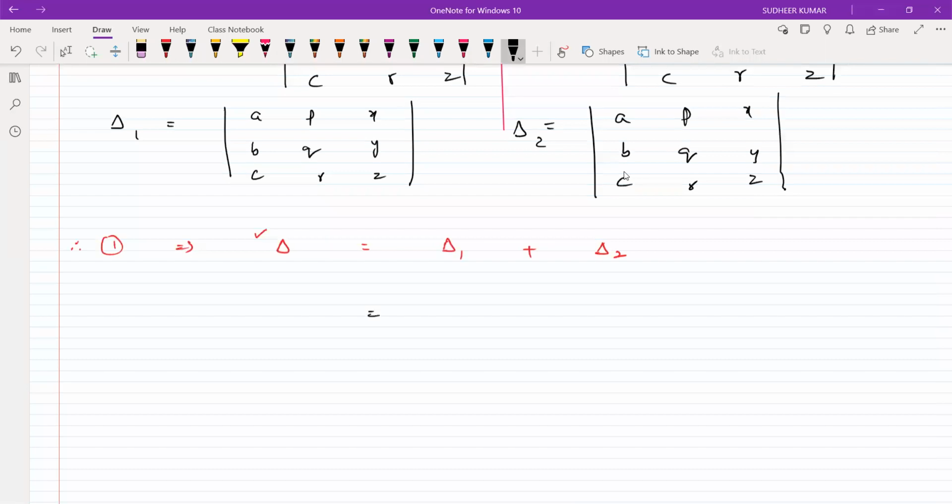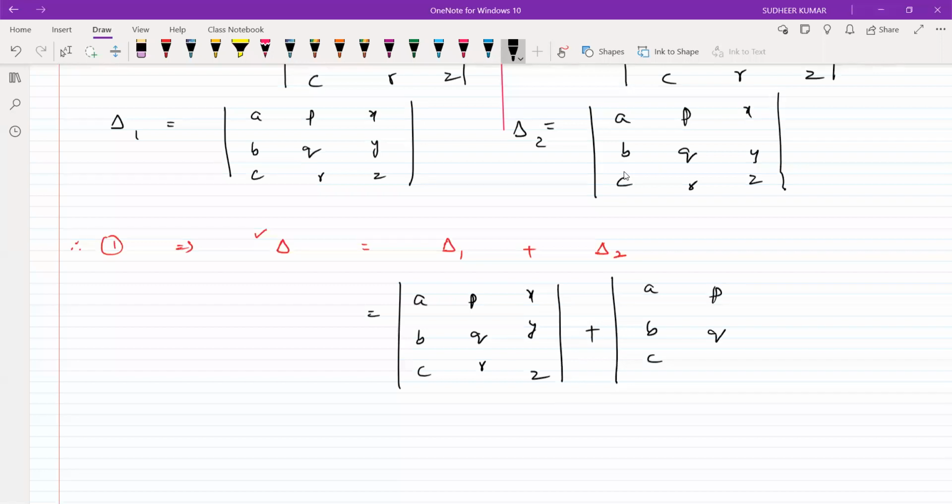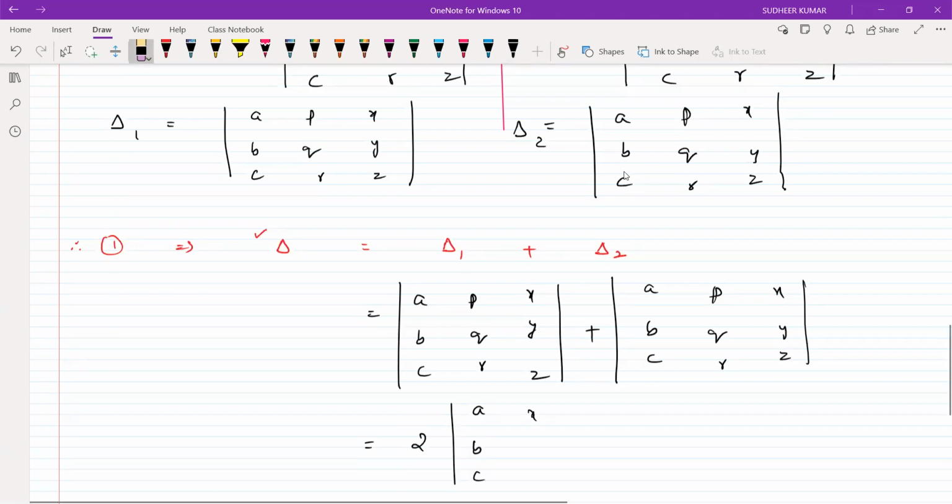Yes, sir. So this result is determinant of A B C, P Q R, X Y Z plus the next one is also the same, A B C, P Q R, X Y Z. If you add these two, both are the same, so we can write 2 times determinant A, B, C, P, Q, R, and the next one X, Y, Z. That's it.